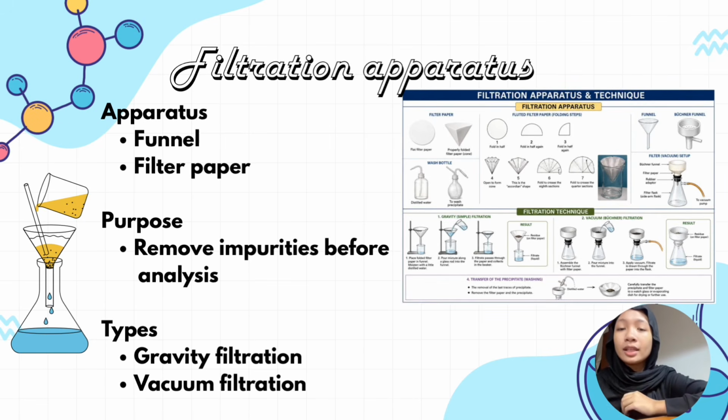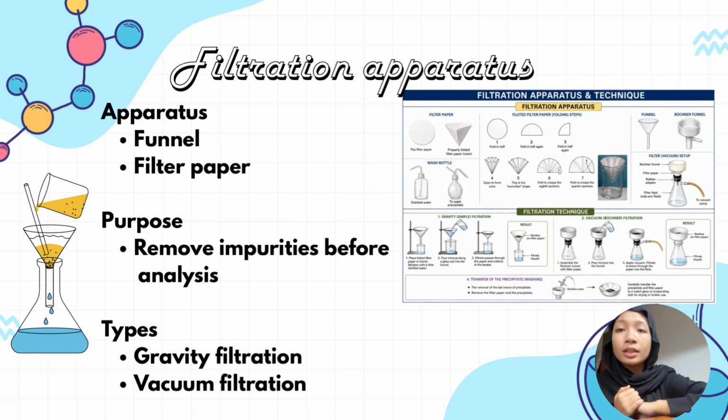So, filtration is a technique used to separate solid particles from a liquid by passing the mixture through a filter medium. The main filtration apparatus includes a filter funnel, which holds the filter paper and guides the liquid into a container. The filter paper acts as the filtering medium, allowing the liquid to pass through while retaining solid particles.